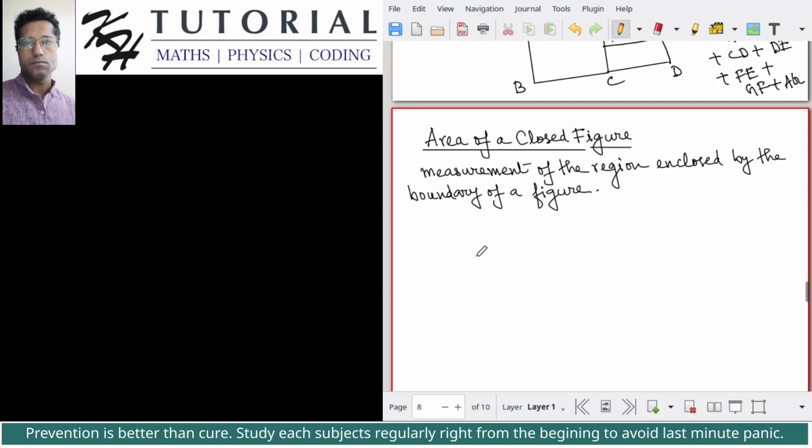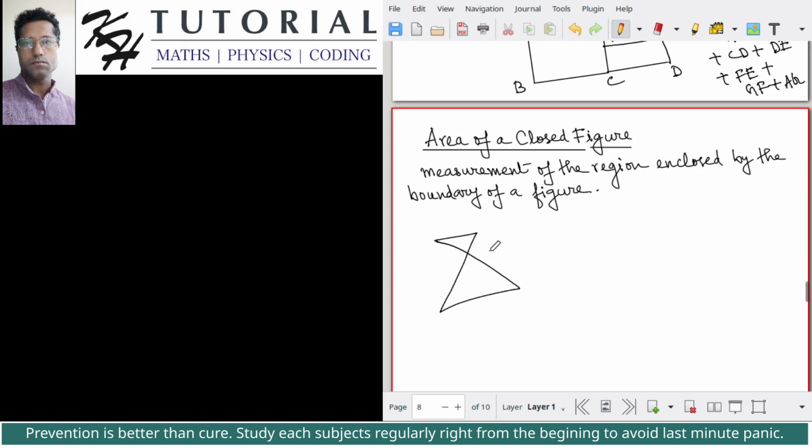So let's say we have this figure. As you can see, this is a rectilinear figure. This is the rectilinear figure, but this is not a simple figure, as it is intersecting.